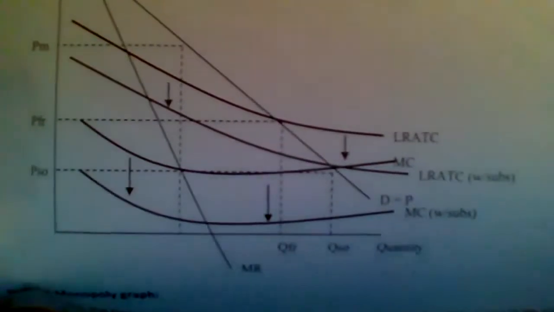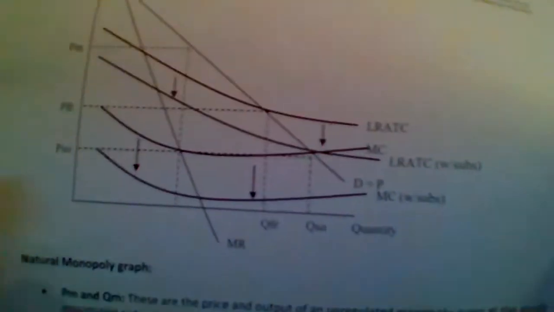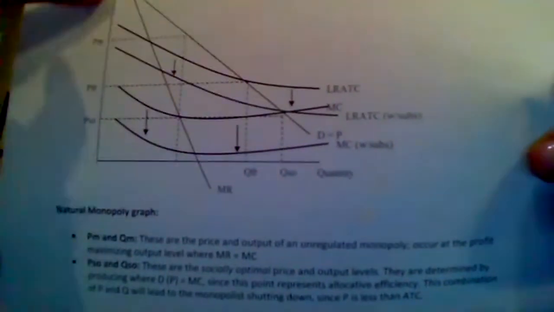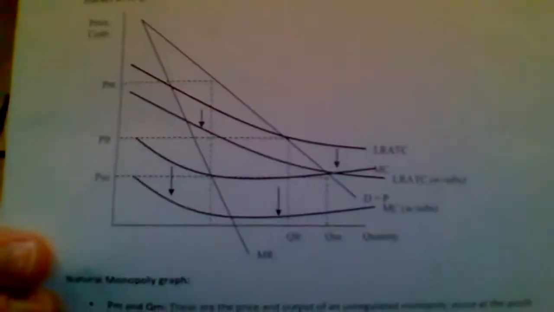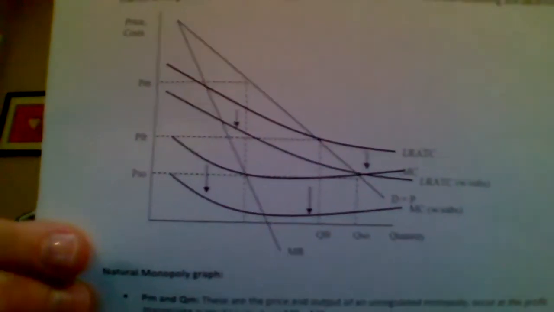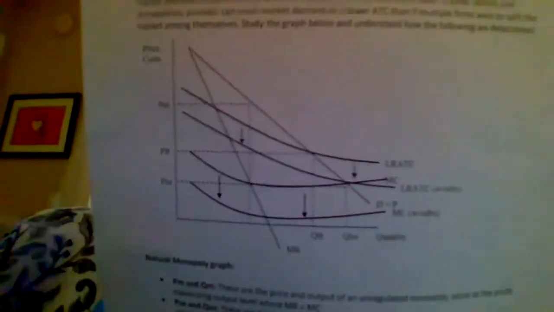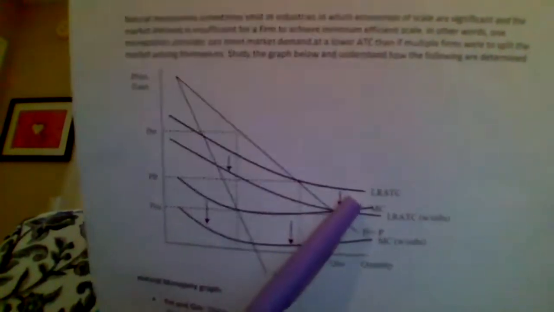So here is a graph. This one's a little confusing, but it's a graph of a natural monopoly. I want you to see that on this graph, here we have our price axis and our quantity, and our price, demand, and MR. Now, one of the things I want you to realize is that MC is only a small part of the Nike swoosh.